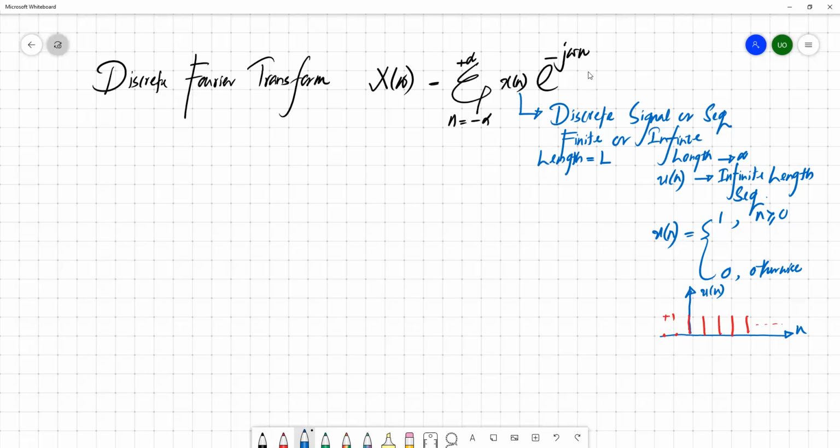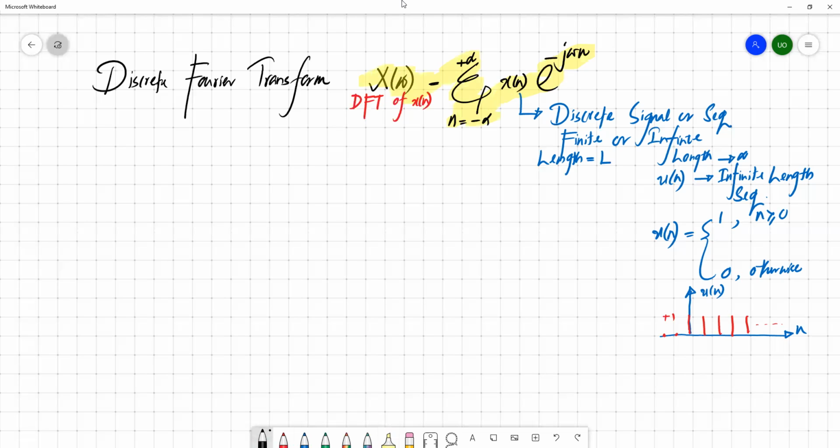So x[n] is a discrete sequence, and once you evaluate this X(omega), this is the discrete Fourier transform of x[n]. This is the fundamental formula we use in these examples.